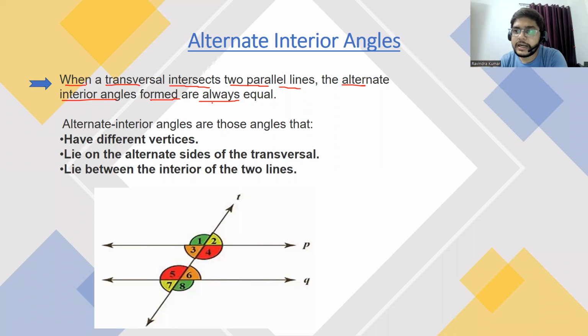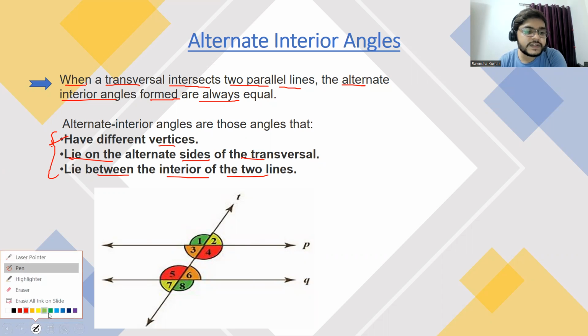The angles which are alternate are equal. So what are the properties? First, they have different vertices and lie on alternate sides of the transversal. Third, they lie between the interior of the two lines. So what are the interior and what are the exterior here?